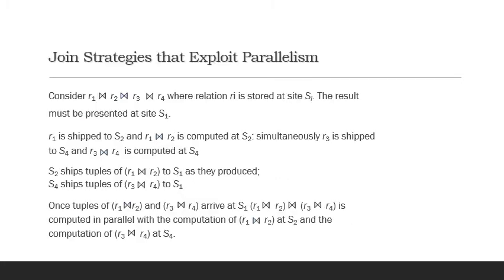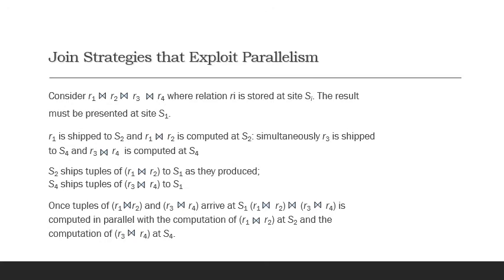Next are join strategies that exploit parallelism. Consider R1 join R2 join R3 join R4, where relation Ri is stored at site Si. The result must be presented at site S1. R1 is shipped to S2 and R1 join R2 is computed at S2. Simultaneously, R3 is shipped to S4 and R3 join R4 is computed at S4.